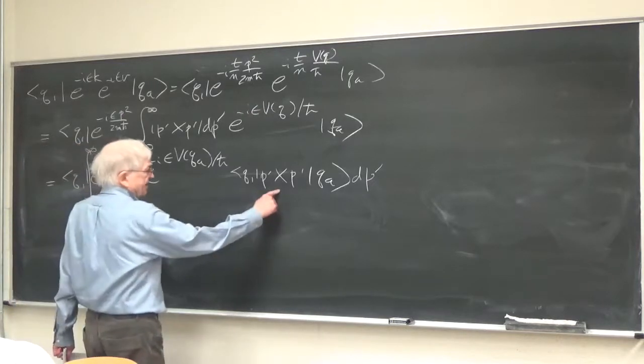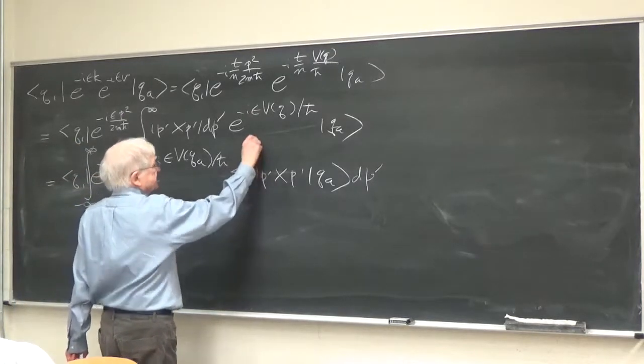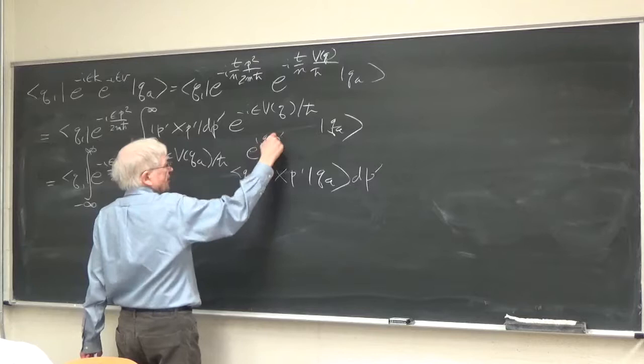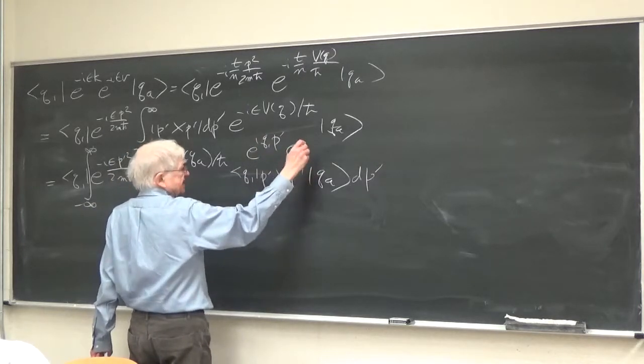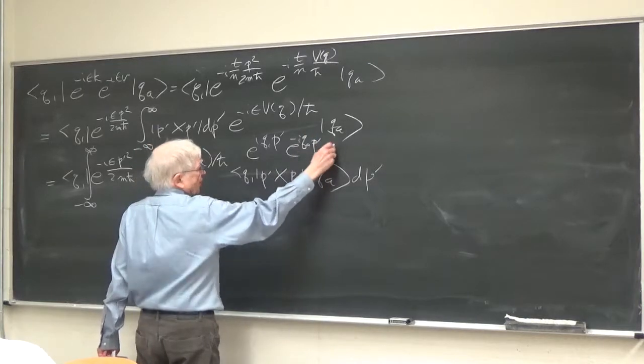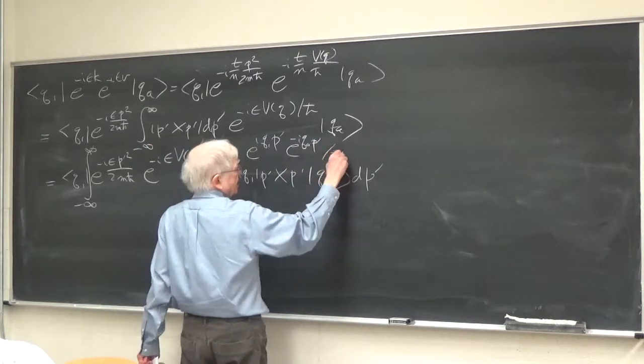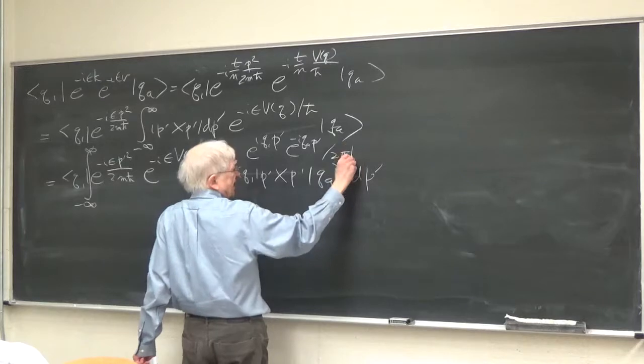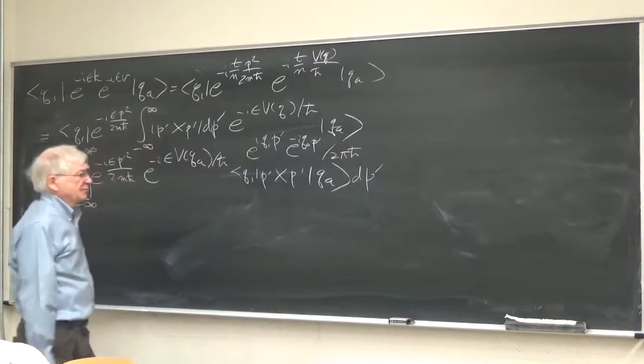And now we know what this is. This is e to the i q1 p prime. This one is e to the minus i qa p prime, and both are divided by a square root of 2 pi h bar, so the product is that.